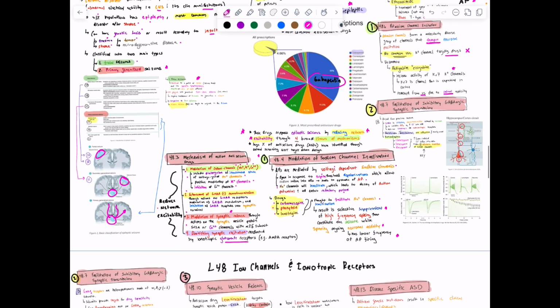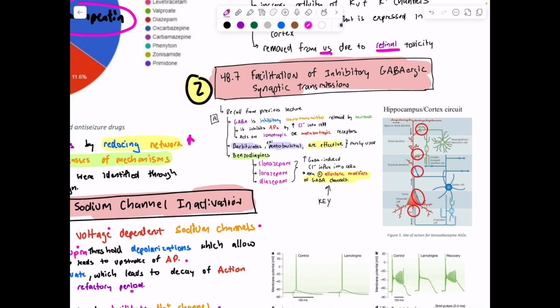Second strategy, other than reducing action potentials via reducing depolarization, is to increase inhibitory neurotransmitters, so increase GABA. So how can we go about doing that? Well, we're going to use benzodiazepines. GABA is an inhibitory neurotransmitter released by neurons.